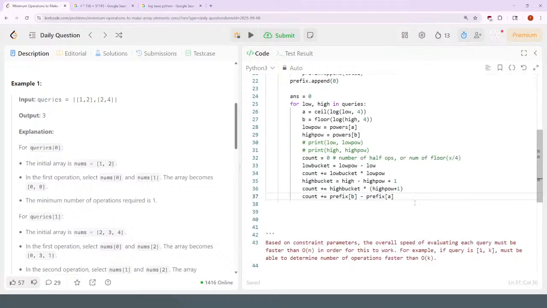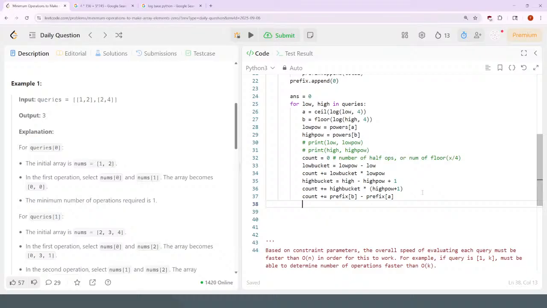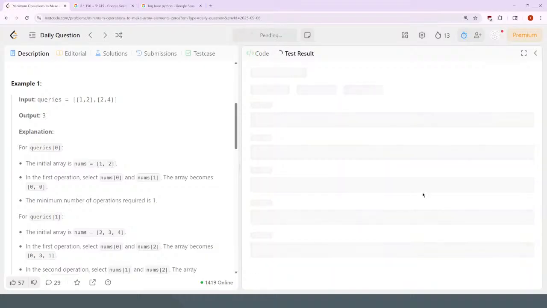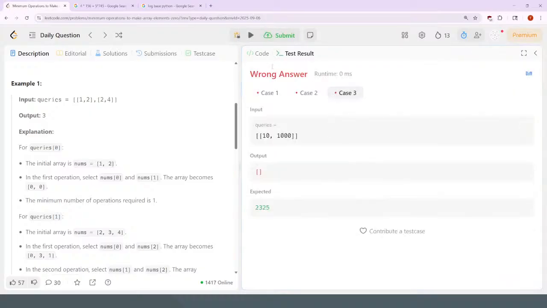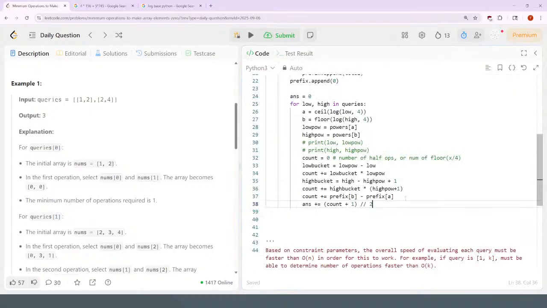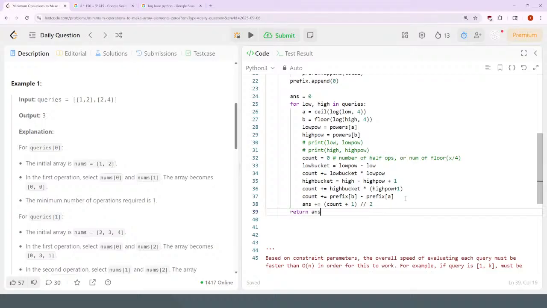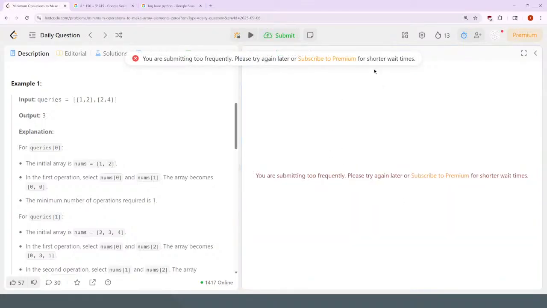But let's go ahead and just try it out here. Answer plus equals the ceiling. Or I guess I can just round up, so count plus 1 divided by 2. So this could be slightly off. I forgot to return the answer. Okay.